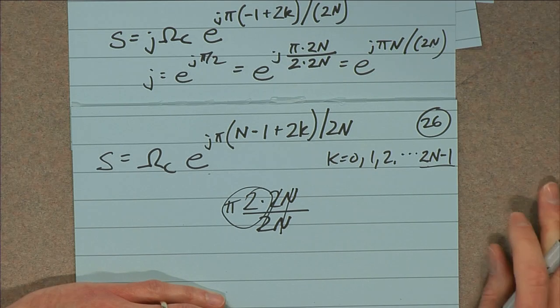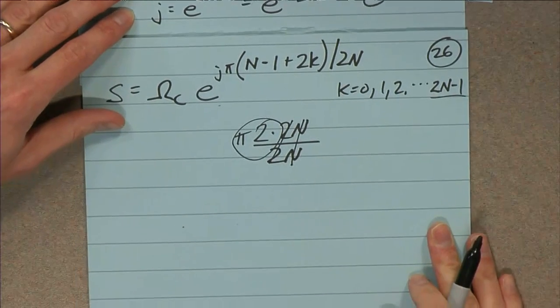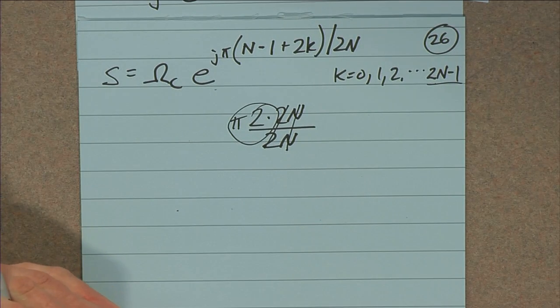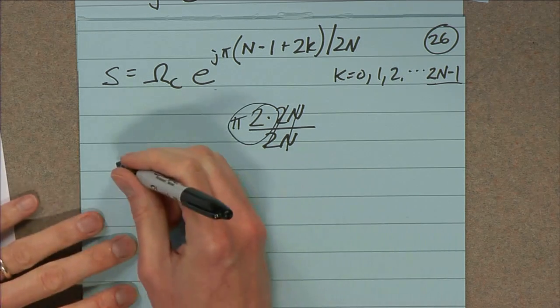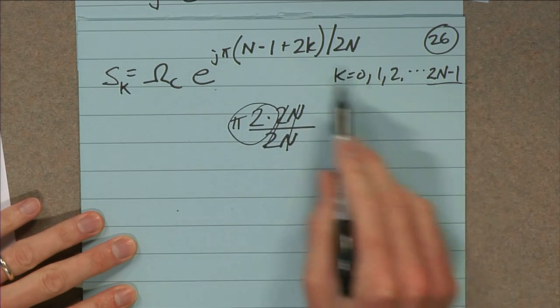We only want the first 2n minus 1 values. So that's kind of a quick and dirty way of saying, okay, we got to stop there. And what we're going to do now is basically, I guess I should put S sub k, because if we plug a k in, we get a value.